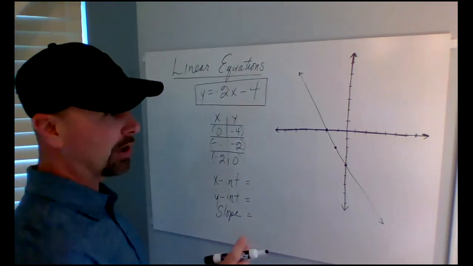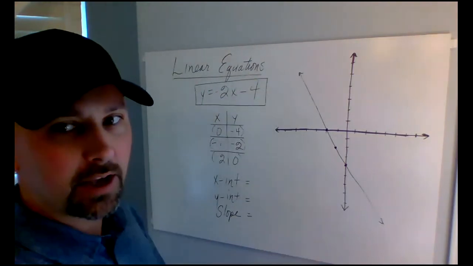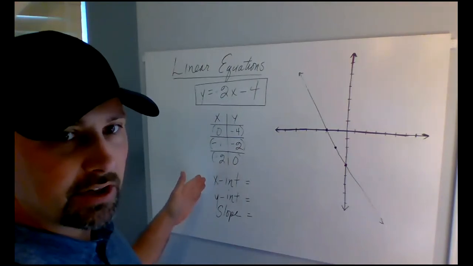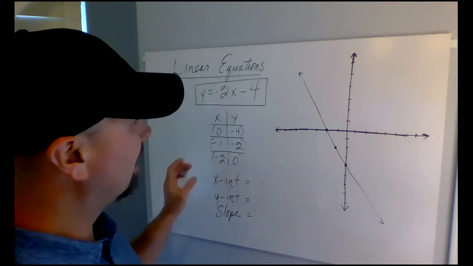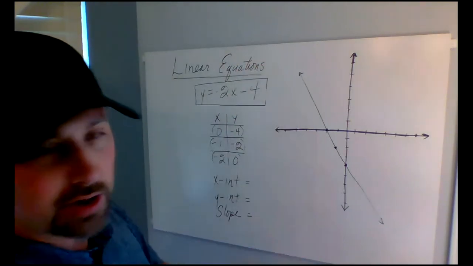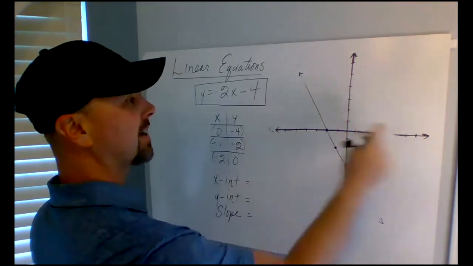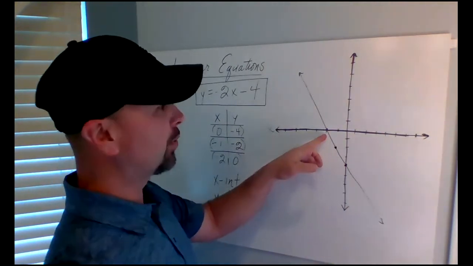Okay, so let's go over it. First, let's use the graph and find our x-intercept. The x-intercept is where the line crosses the x-axis. We find the line, remember this is our x-axis, and it crosses at this point. So we need to name this point.